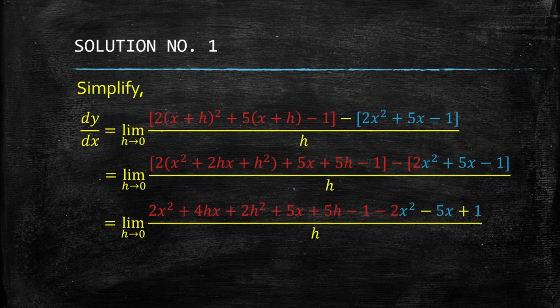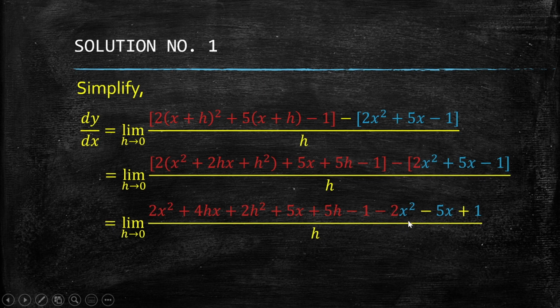Then we distribute 2. So we have now 2x squared plus 4hx plus 2h squared plus 5x plus 5h minus 1. And we also took down the grouping symbols, and we distribute the negative sign in the second term.